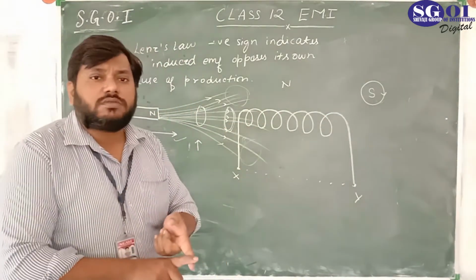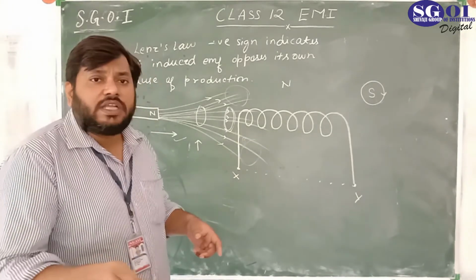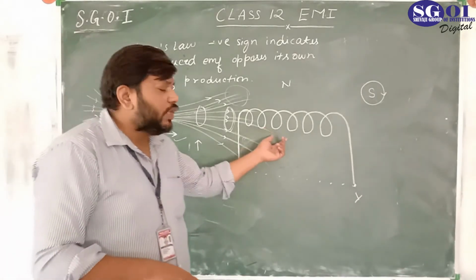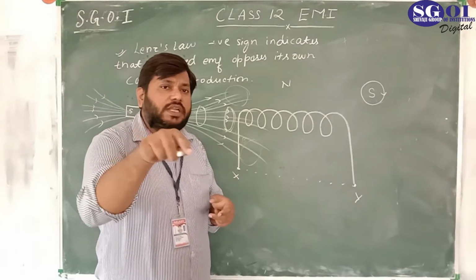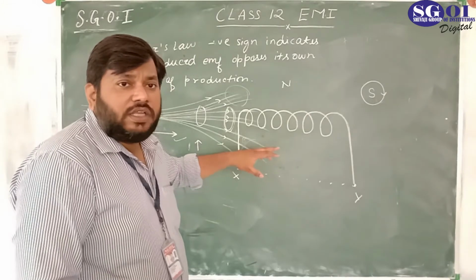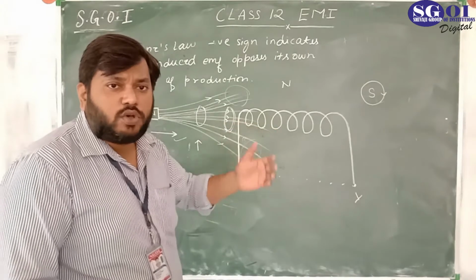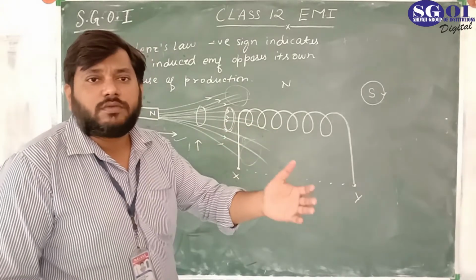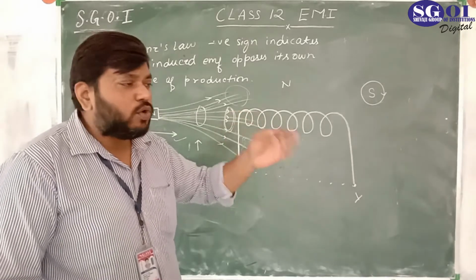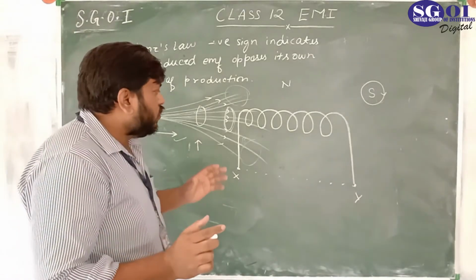And the direction of that induced magnetic field would be in such a way that it should oppose the cause of production of the induced voltage or current. Now, I think this part is clear to you.